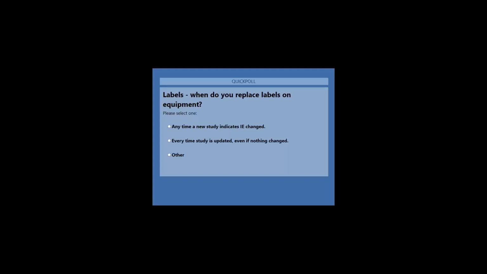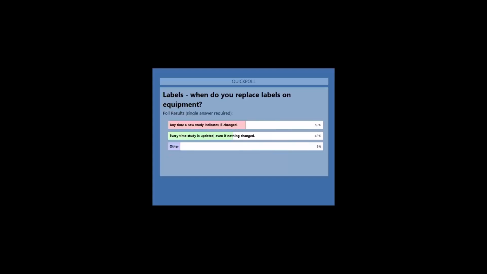Okay, so it looks like we have a quorum on this question. Here's how folks have weighed in. So that's pretty interesting. Anytime a study indicates the incident energy has changed, obviously it's something that you need to replace labels. And every time the study is updated, even if nothing changes.